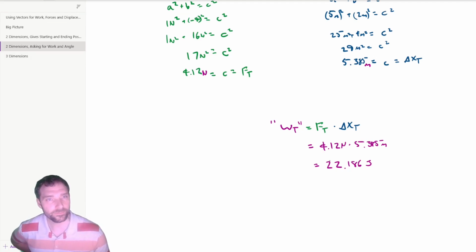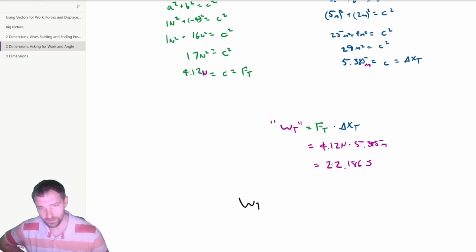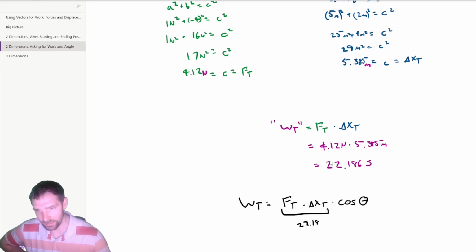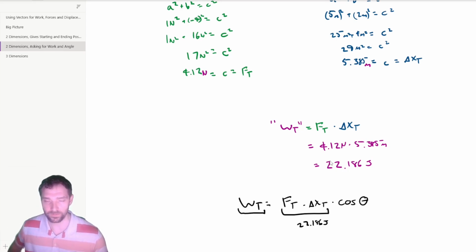So if we break this back down to the formula, the work total should be equal to the force total times this displacement total times cosine theta. And we basically have said like this times that is 22.186 joules. But when we do it times the cosine theta, this work was what we got earlier.